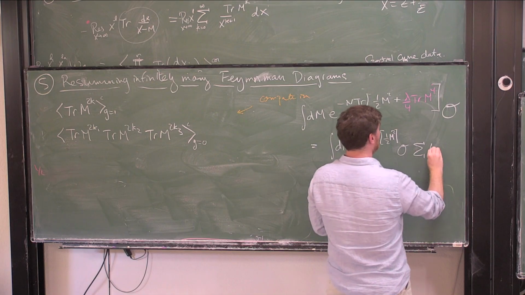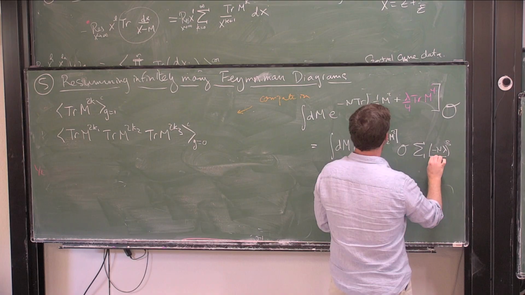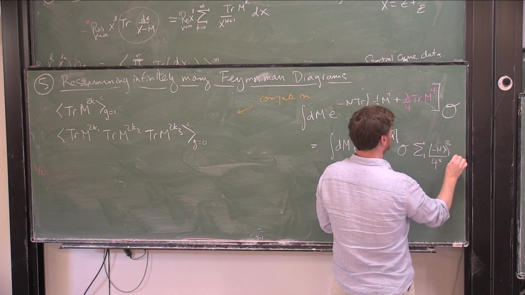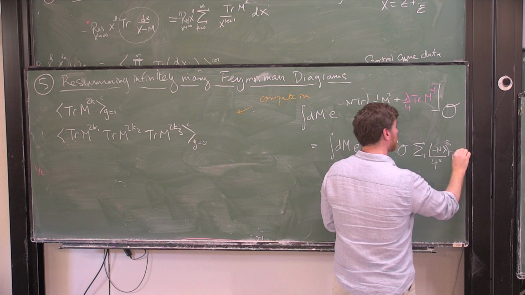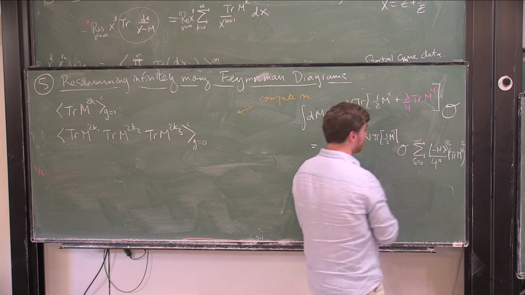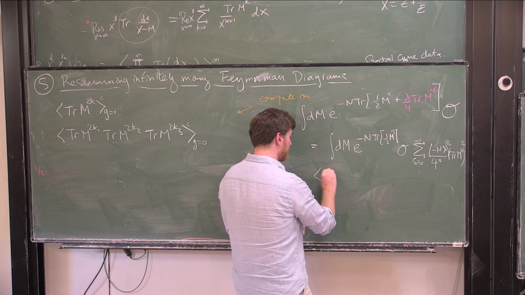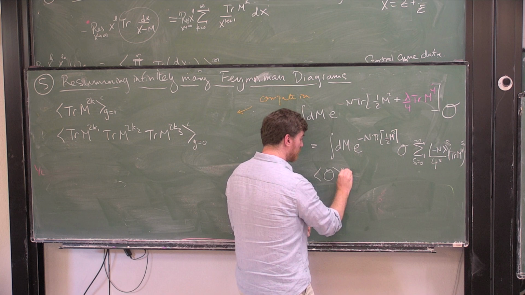So we would have minus n lambda to the s, over 4 to the s, trace m to the 4 to the s. So as we were mentioning, this is now a complicated problem, right? Because this is this in the GUE.